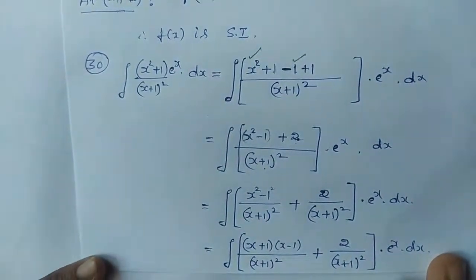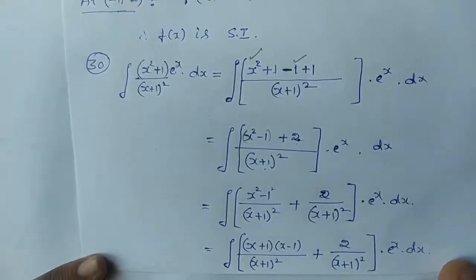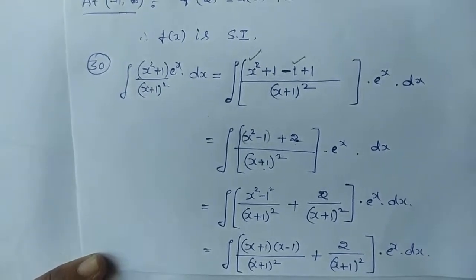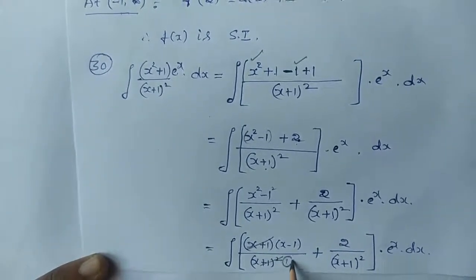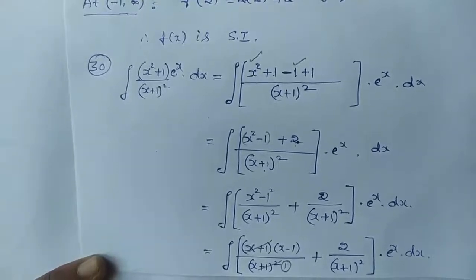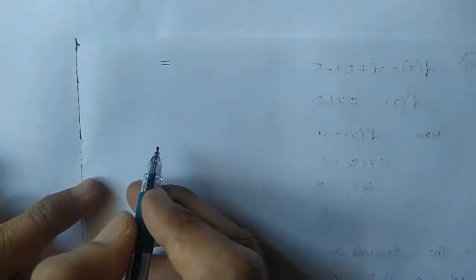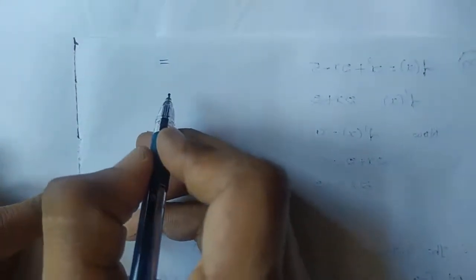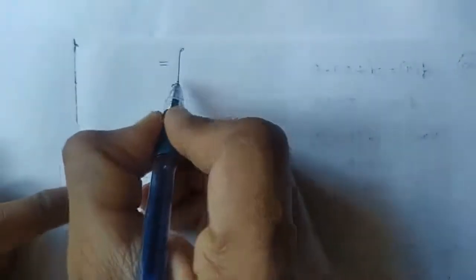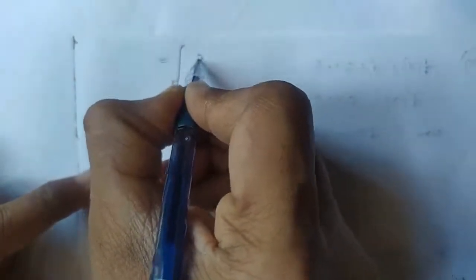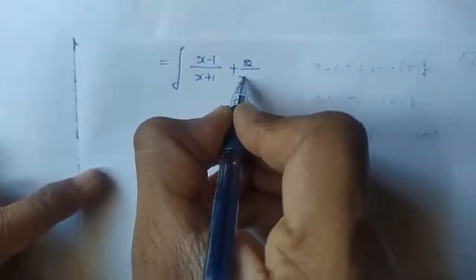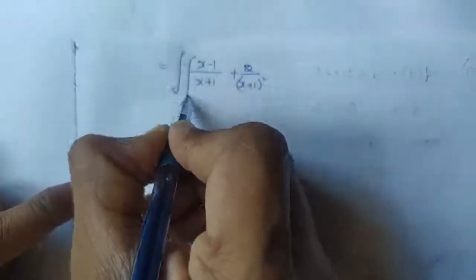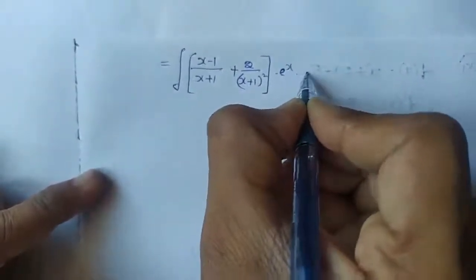I am just turning this page to the next sheet. In this, x plus 1 in the numerator cancels one of the x plus 1 factors in the denominator. Then we get x minus 1 divided by x plus 1 plus 2 divided by x plus 1 whole square, into e power x dx.